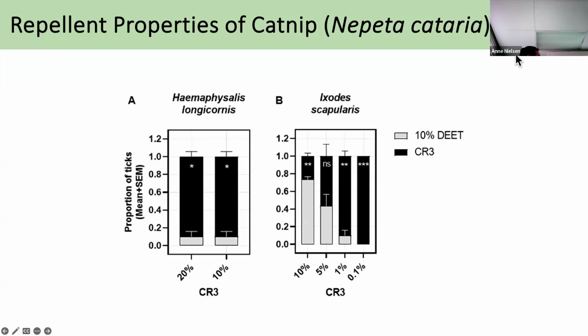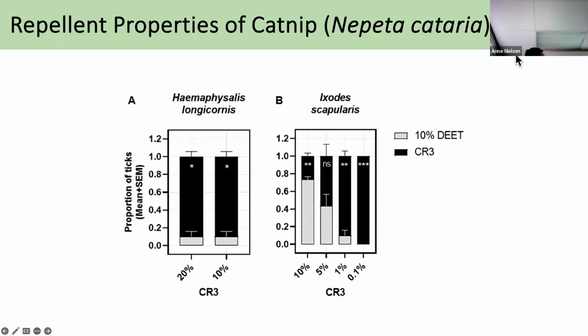When we did this same experiment with scapularis, we found that it worked the other way around. When we put equal concentrations of CR3 and DEET, the ticks tended to go to the area treated with DEET. This was surprising initially, and we started looking at whether this was a dose-dependent response.